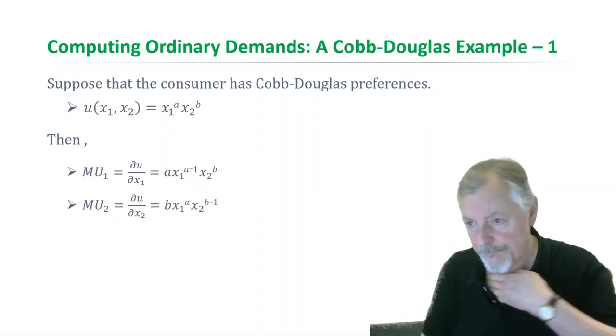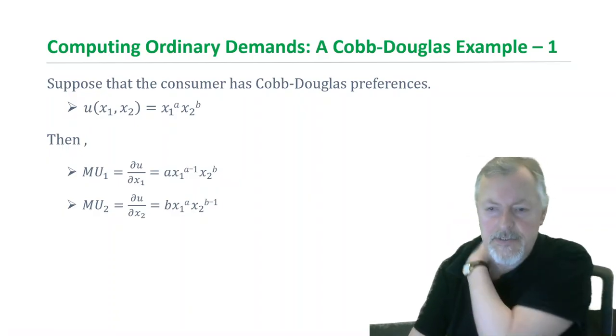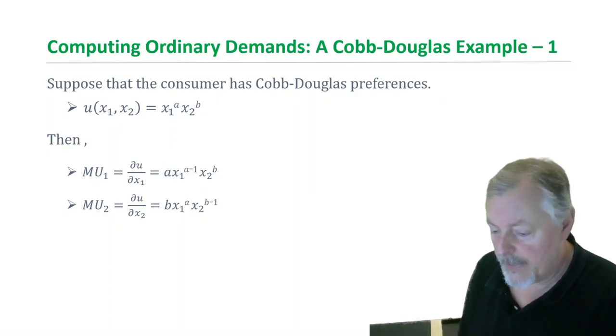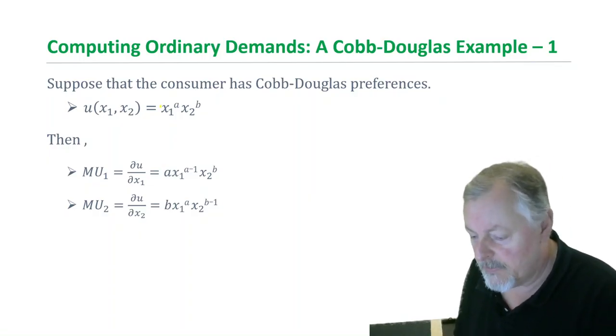Well, what is it? Let's look at an example with Cobb-Douglas preferences, meaning that for two commodities, this person's preferences take this form.